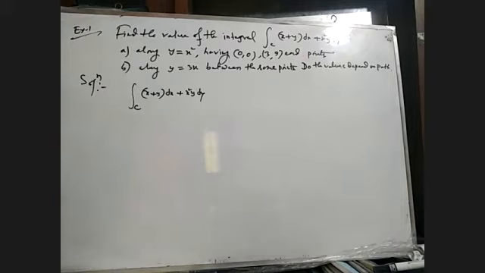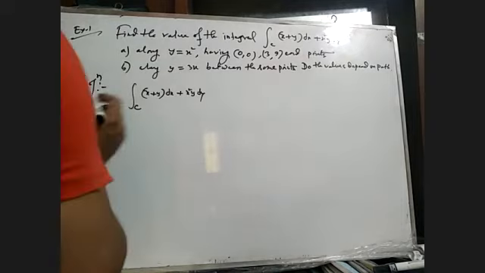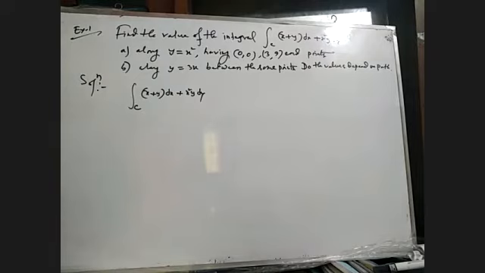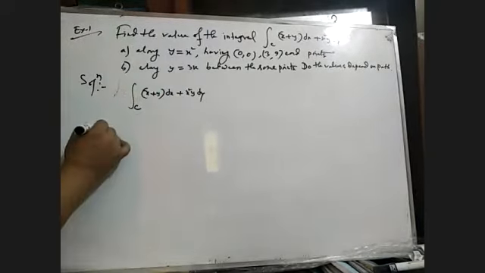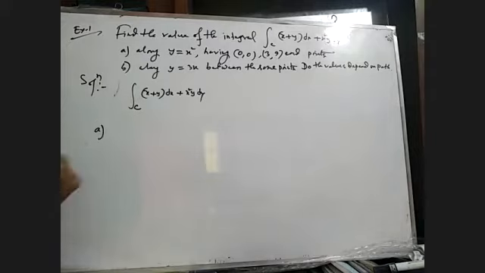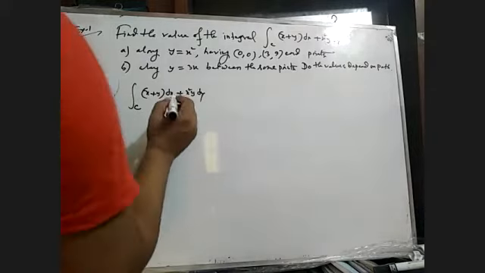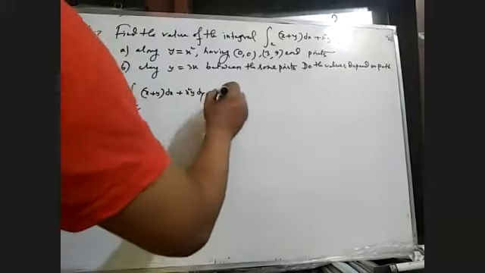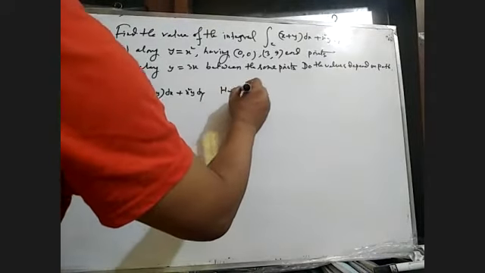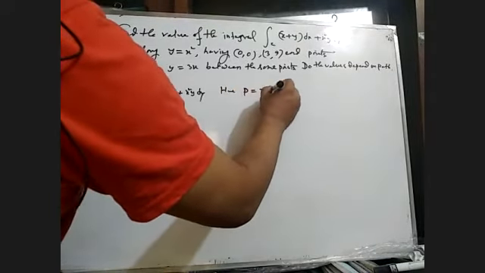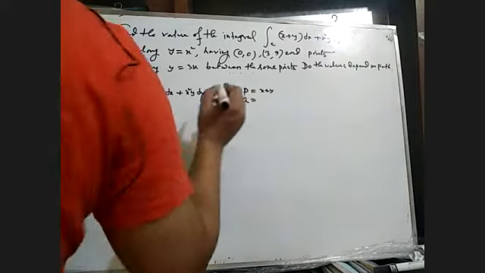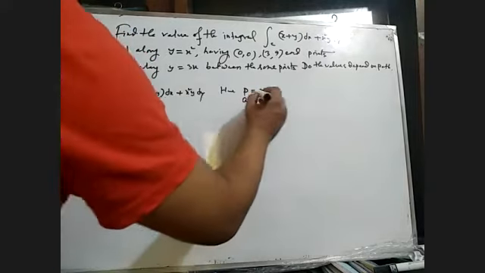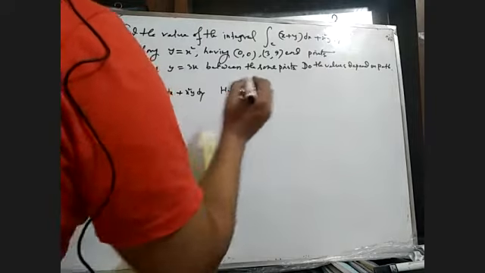For the first part, suppose P dx plus Q dy, where P equals x plus y and Q equals x square y.